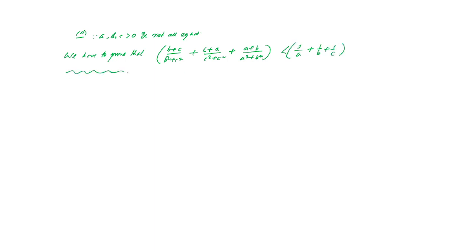So from this we have to prove that (B plus C) by (B square plus C square) plus (C plus A) by (C square plus A square) plus (A plus B) by (A square plus B square) is less than 1 by A plus 1 by B plus 1 by C. So we will prove this inequality.